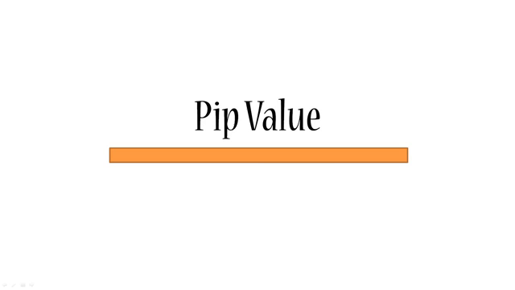In today's tutorial we will be talking about pip value. Now we already know what a pip is. It represents a unit of change in the quotation of a currency. Pip value will allow us to translate pips into dollars. It will help us understand how a certain number of pips means a certain amount of profit on our account.